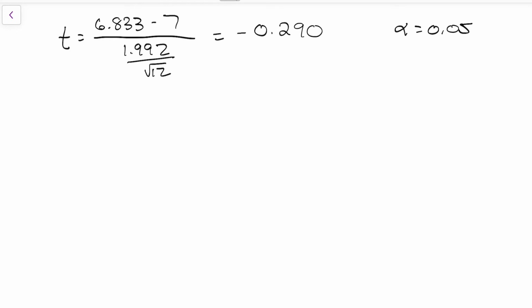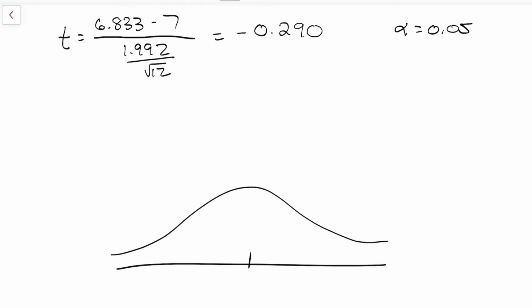To finish testing our claim, we want to draw our t distribution, which again has a mean of 0. Because my alternative hypothesis, my original claim, was that mu is less than 7, this is going to be a left-tailed test. So I want all the significance of 0.05 to be the area to the left.